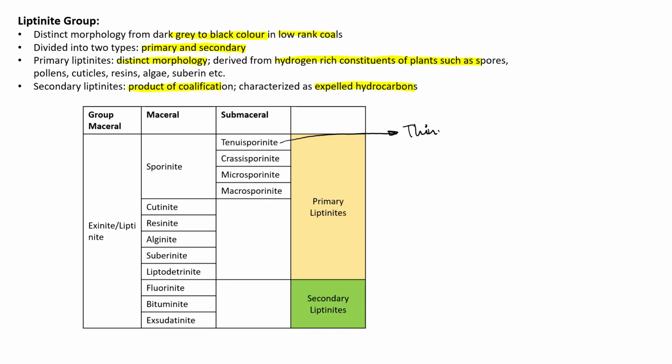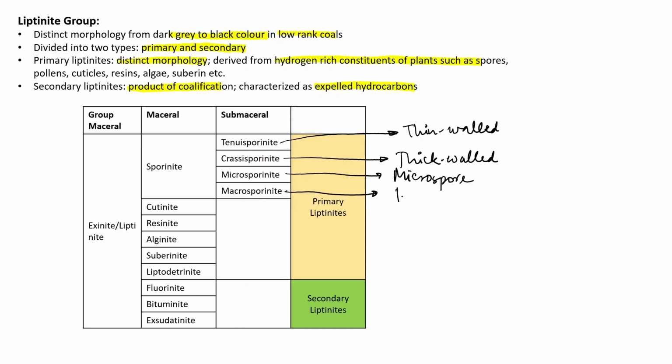So it is thin walled. It is called tenuisporinite. Crassisporinite is a thick-walled spore. Microsporinite is formed from a micro or small spore. We'll see what microsporinite is. And then macrosporinite is from a megaspore or macrospore, a large spore. This is how they have been named.